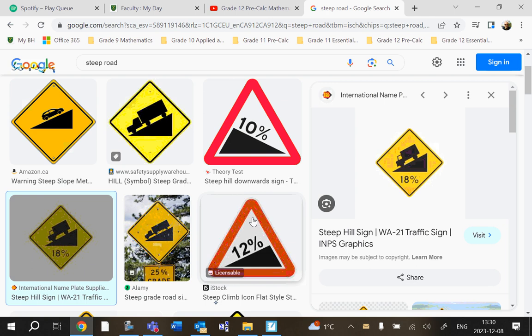It will tell you a percent to give you an idea of how much it's going to drop. This 18% would mean for every 100 meters you go this way, you drop 18 meters. That's slope. That's just one application of slope.